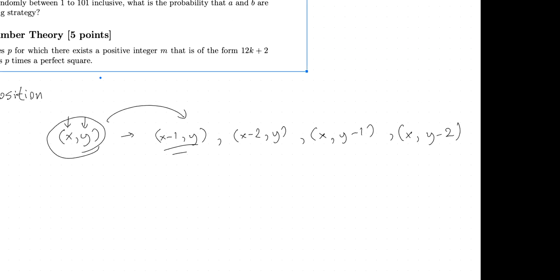However, if every one of these pairs of numbers is winning for the player who starts in it, then this would be a losing position for the starting player, because regardless of what the starting player does, it will always turn into a position in which the second player has a winning strategy. That is the idea behind this problem.